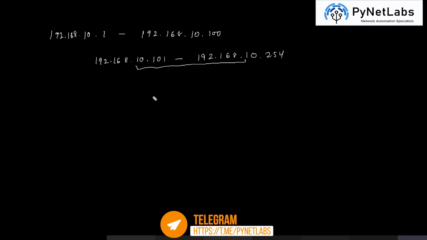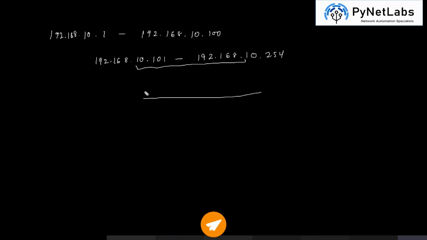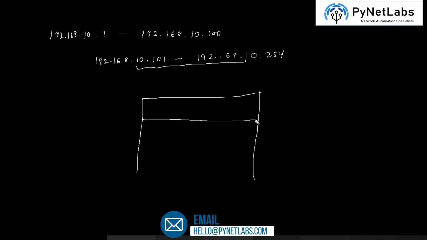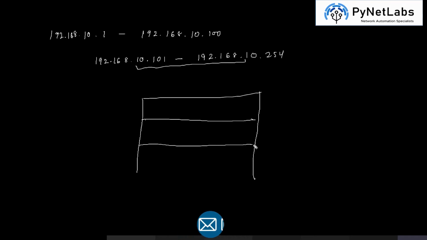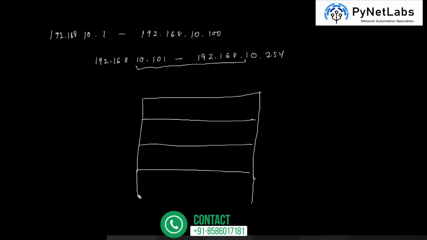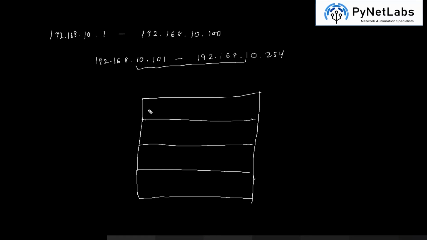So let's understand this more specifically. Let's say there is a building, and on this building there are multiple floors for different departments. Let's say this is the HR department.